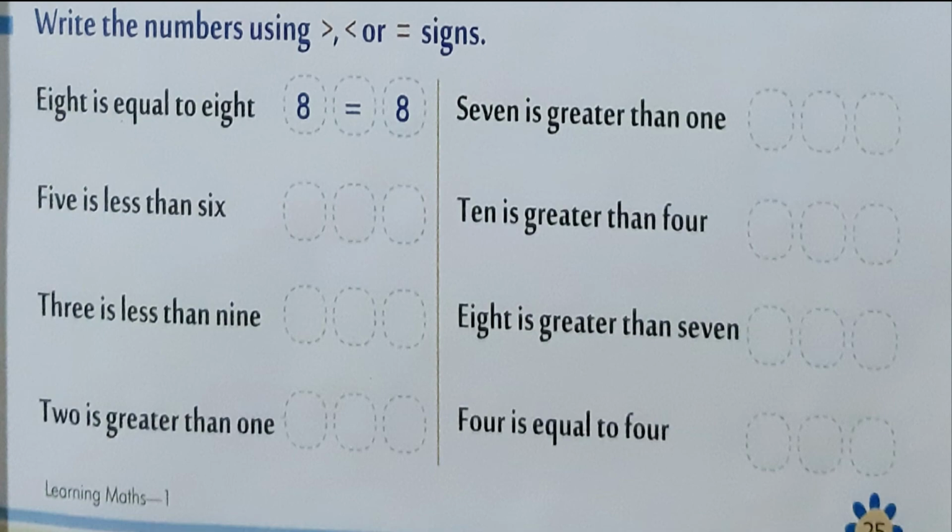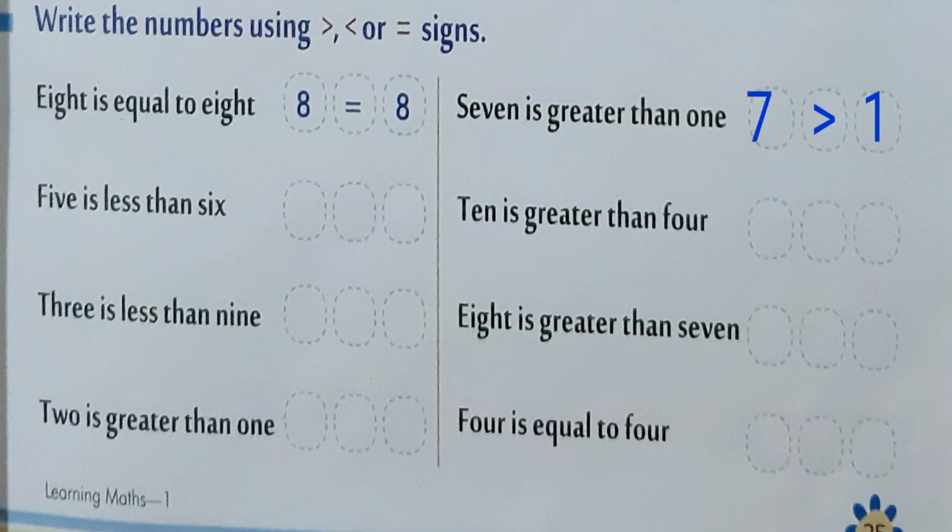Seven, 7, is greater than one, 1. 7 is greater than 1. So here we have to write 7, greater than sign, and 1. And see the next one.